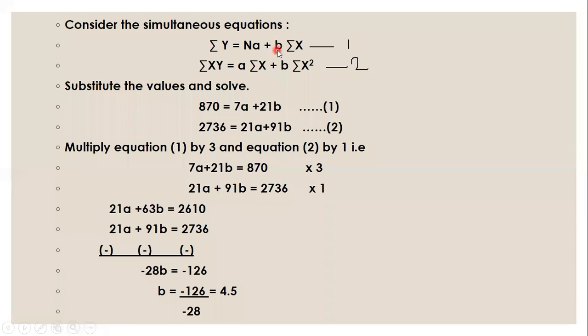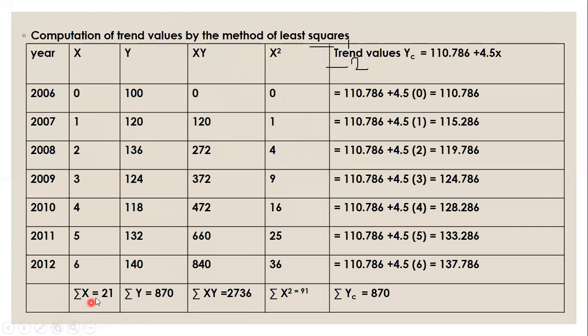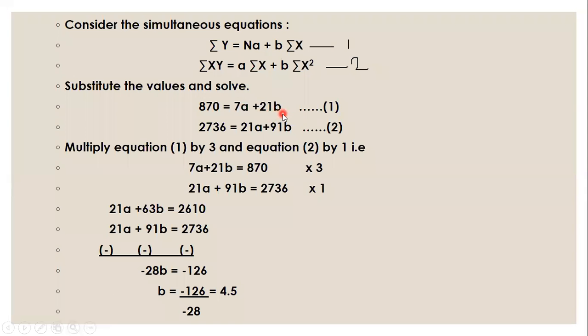Then coming to b, b is a constant, keep it as it is. Then after that, sigma x is 21, so we'll take that as 21b. So 870 is equal to 7a plus 21b. Understood equation number 1? How did we get the values?